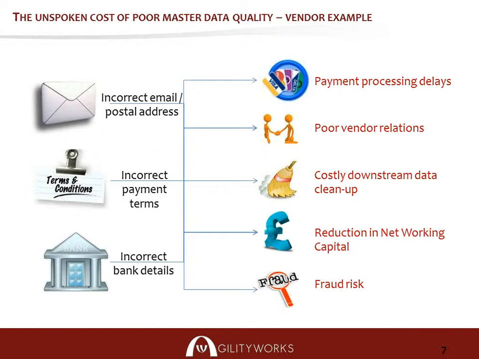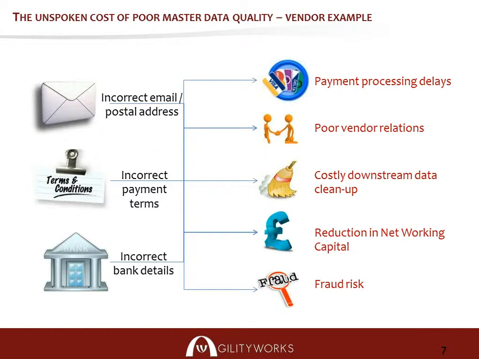Here we're talking about some pretty stock examples which you might hear, and this is probably quite a good set: how does data quality really affect business processes? Things like, do I have the correct email or postal address for my vendor? You can see how that immediately transpires into poor customer service and impacts on your operational processes.